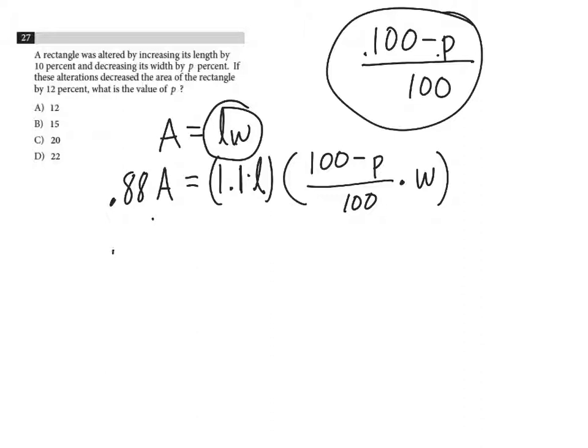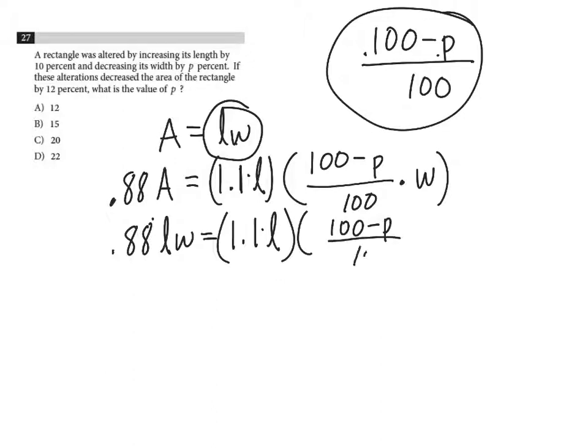So I'm going to go ahead and rewrite this. 0.88 times LW, which is the area, equals 1.1 times length times (100 minus p) over 100 times W.